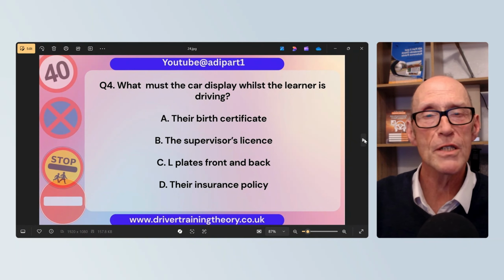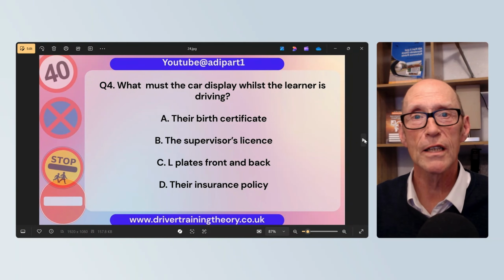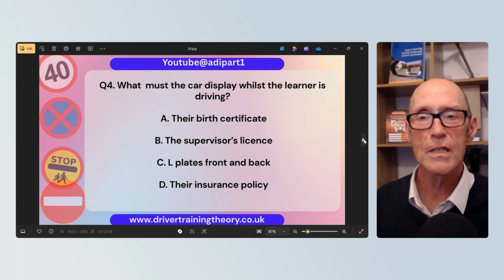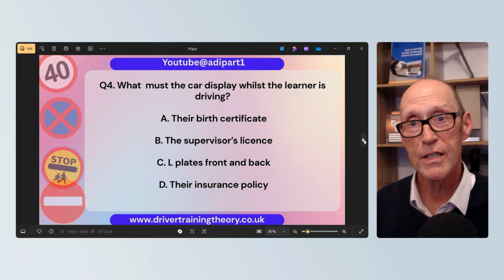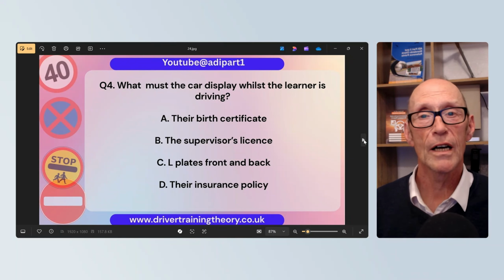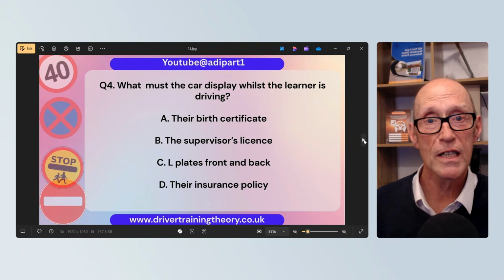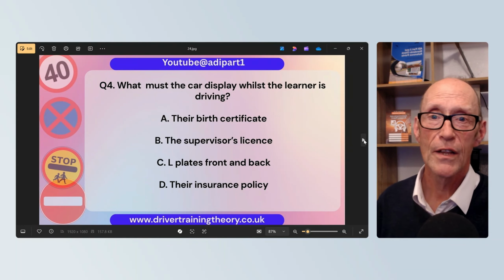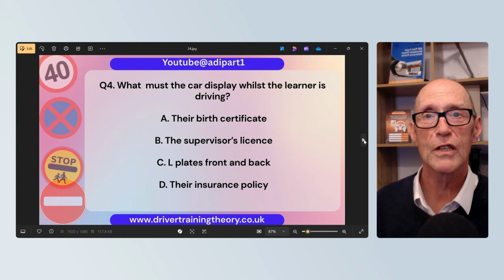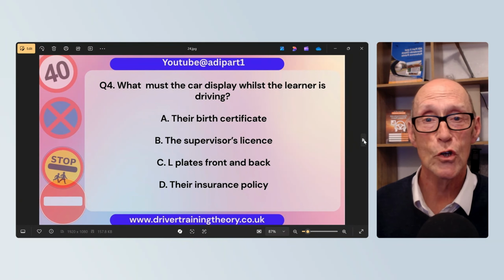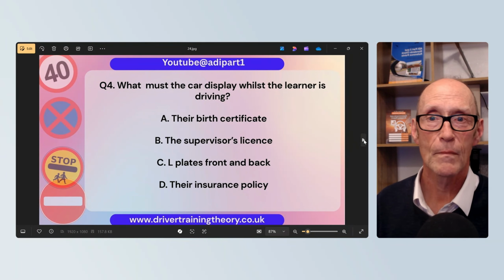Question 4. What must the car display whilst the learner is driving? Does the supervising driver have to display their birth certificate? The fact they've got a supervisor's license? The L plates front and back? Or do they have to display their insurance policy?